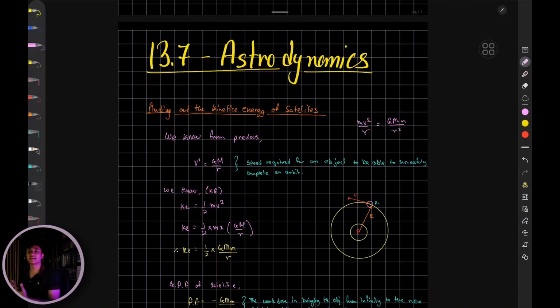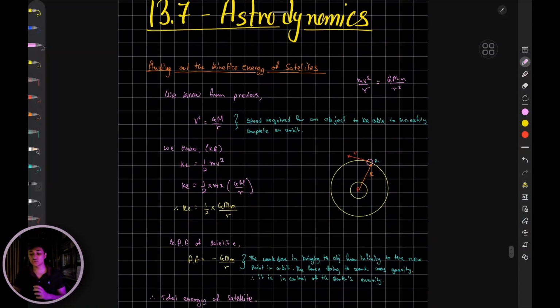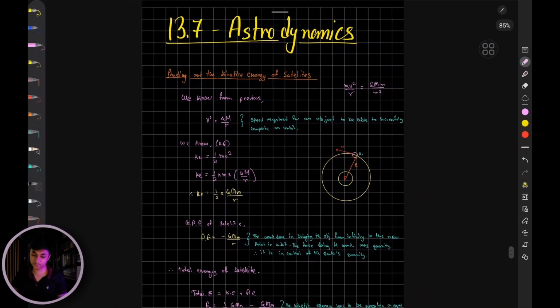If you give it enough kinetic energy, it will break free of the gravitational field strength and be away from the gravitational field. The field will no longer have any effect on the object, because it has enough kinetic energy to escape. That kinetic energy needs a certain velocity, which is known as escape velocity. Those are the things we're going to understand through different parts of this video.